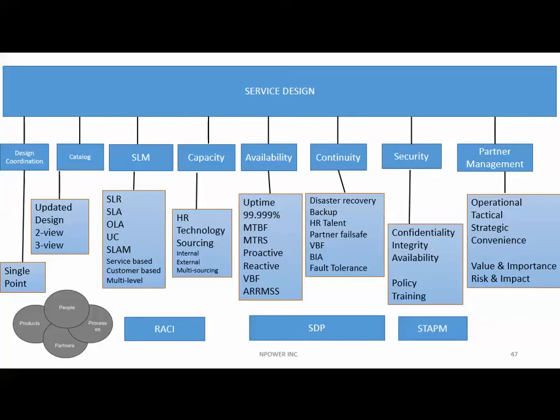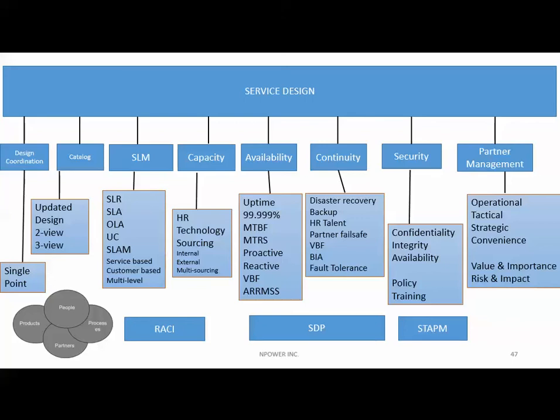Partner management is really important also. We have 4 different types of partners, and you need to know which one is more important, in order of importance based on risk and value. We have operational partners, tactical partners, strategic partners, and convenience partners. Which one is the most important? The strategic.